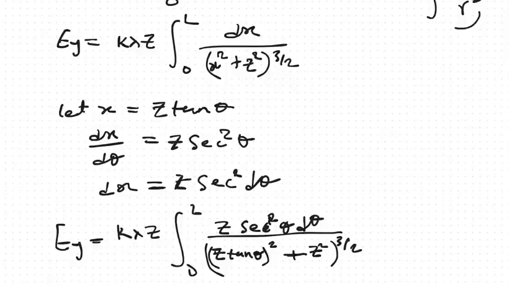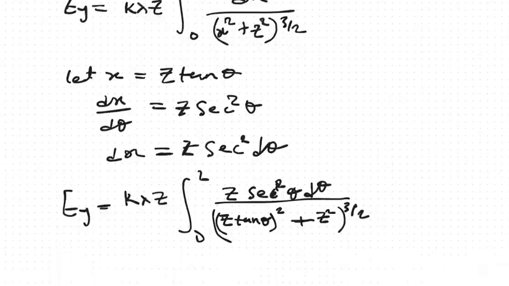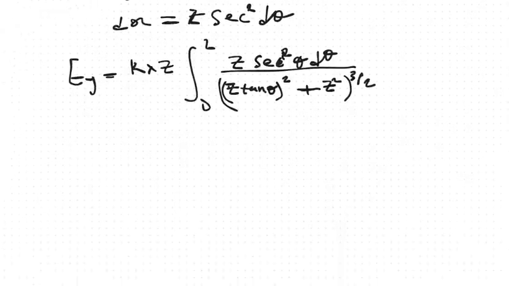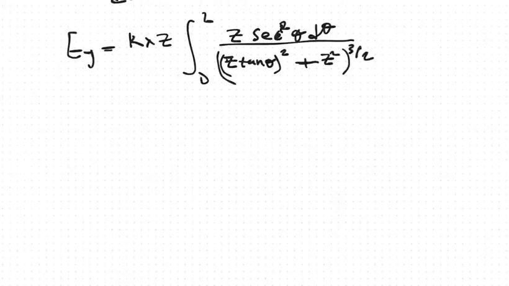In our previous video, we have actually integrated something like this, so I'm not going to do the integration. It will be a bit long. But if you do your integration well, you'll be getting this as your solution.